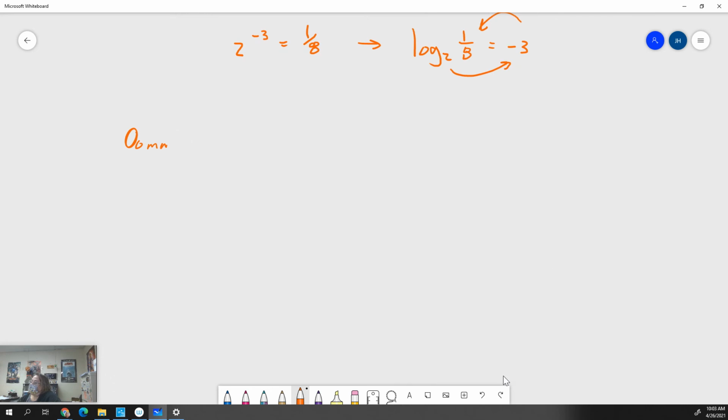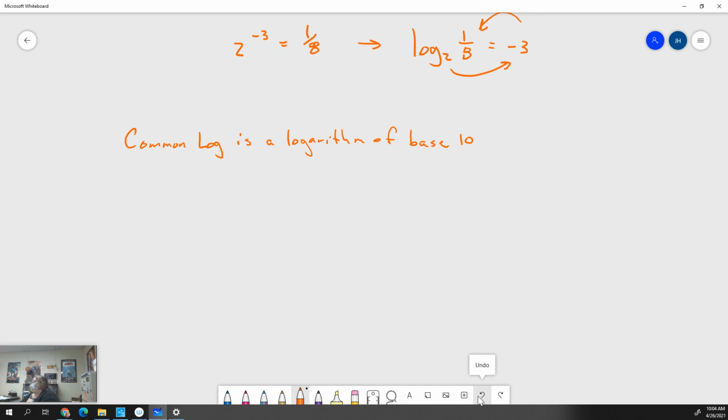Not the man log, but the common log. The common log is a logarithm of base 10. The common log and the natural logs are really the only logs you can use on a calculator.